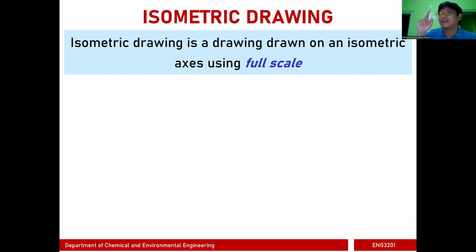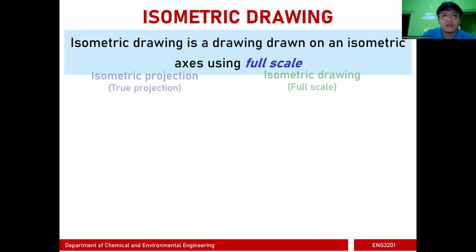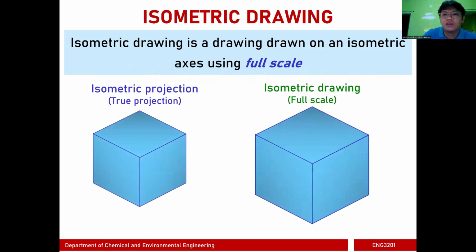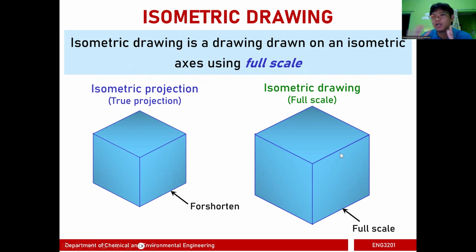You need a kind of triangle-based grid paper, which you will do manually in the lab section. So which one is the true projection? Which one is the isometric scale? Now, if you see a true projection, as is, actually it was foreshortened. Actually, the full scale should be a lot larger because again, this is just the nature of isometric projection.